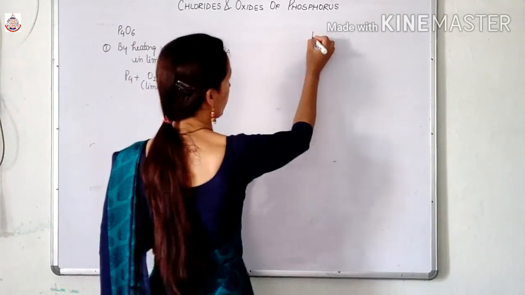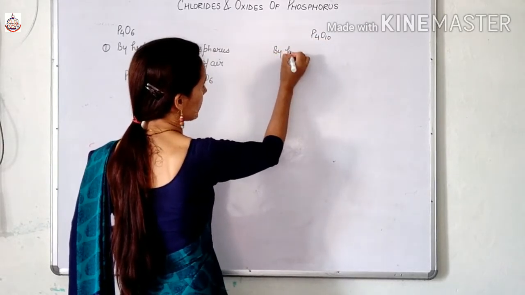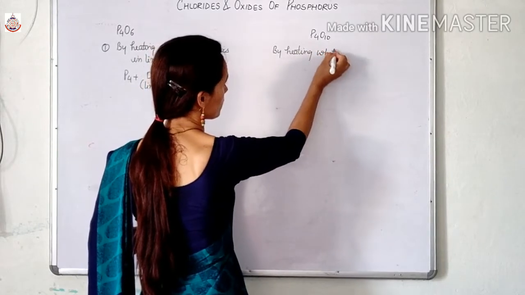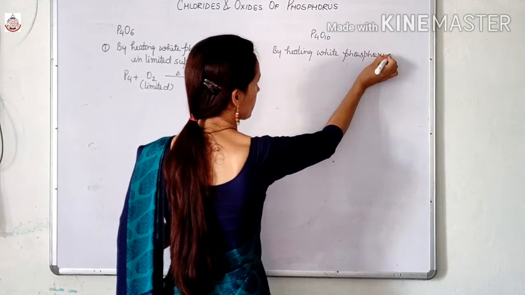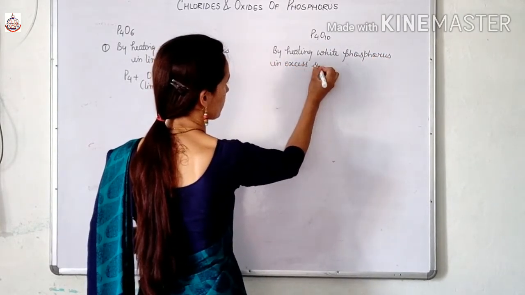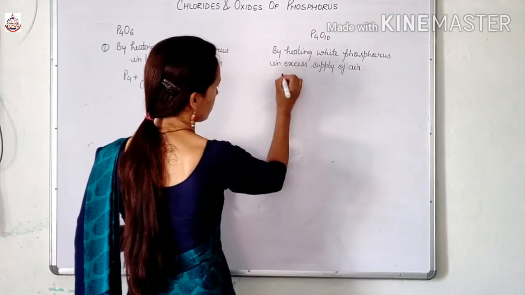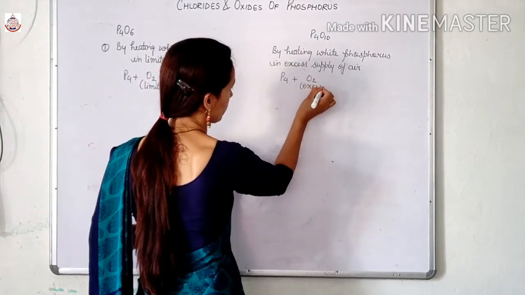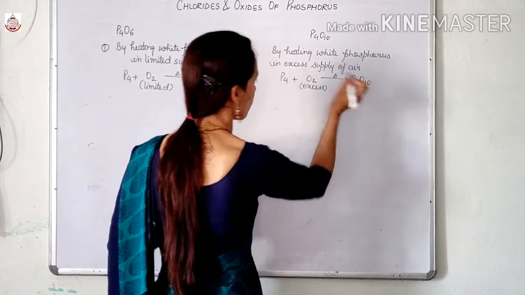But P4O10 is prepared by heating white phosphorus in an excess supply of air. P4 plus excess O2: when it reacts with excess O2 on heating, it forms P4O10.